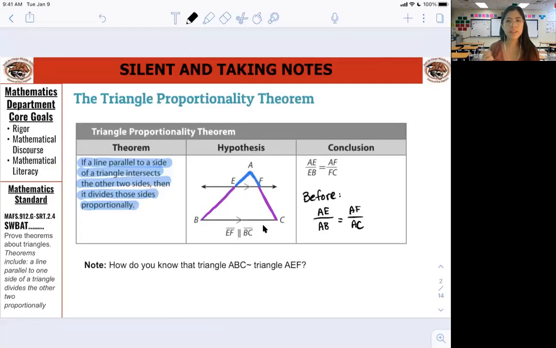We're going to see why that works in just a moment, but for now, go ahead and make sure that you have the theorem. You might as well just copy down the way you see it on the screen. So go ahead and take about 3 minutes to do that.